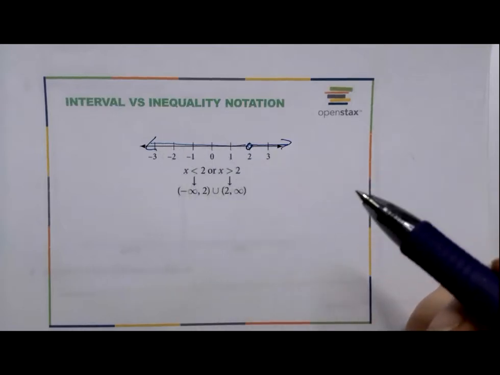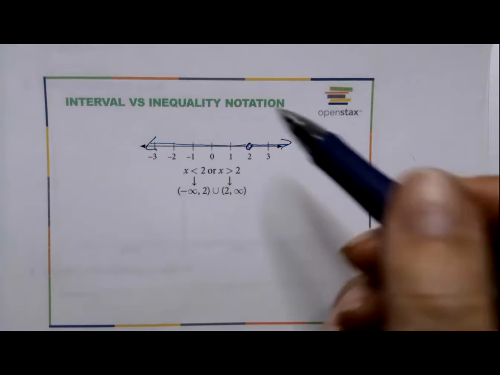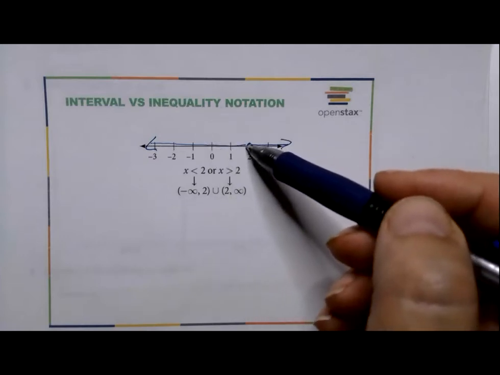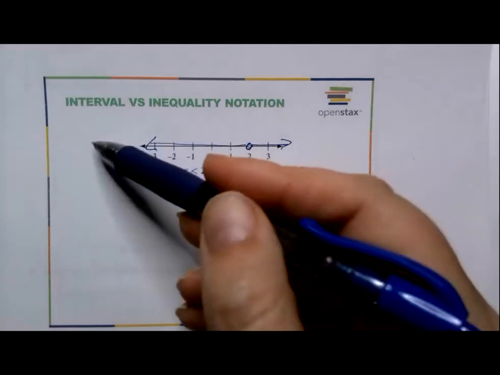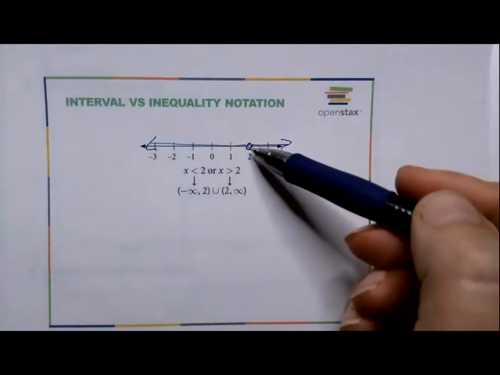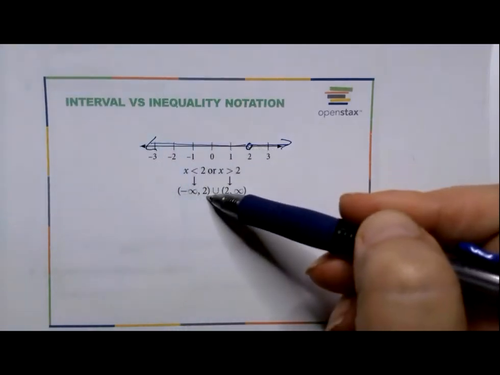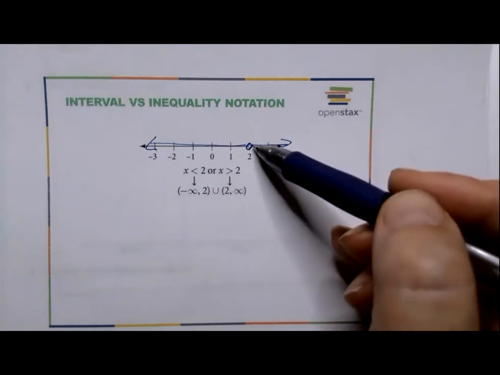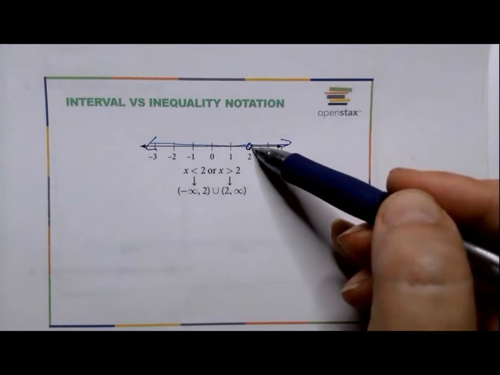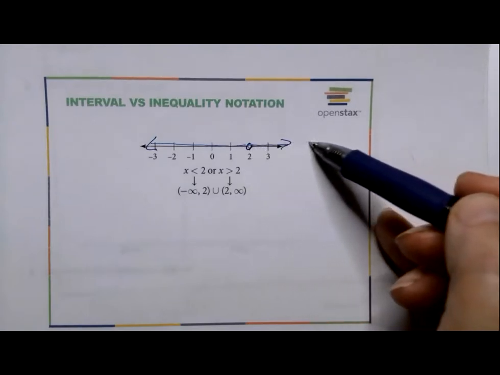Now, how do we write it in interval notation? Well, we have this 2, it basically divides our line into 2 pieces, 2 intervals. One is from negative infinity up to 2, and we have a round parenthesis here by 2, and then we jump over it and continue on.